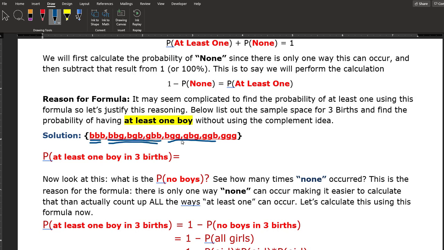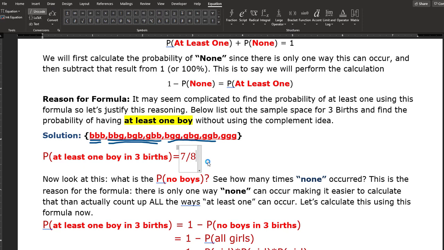At least 1 boy means 1 or more boys. So you would see that there are 7 different options here out of 8 total possibilities. So that would end up being your probability of at least 1 right here: 7 over 8.